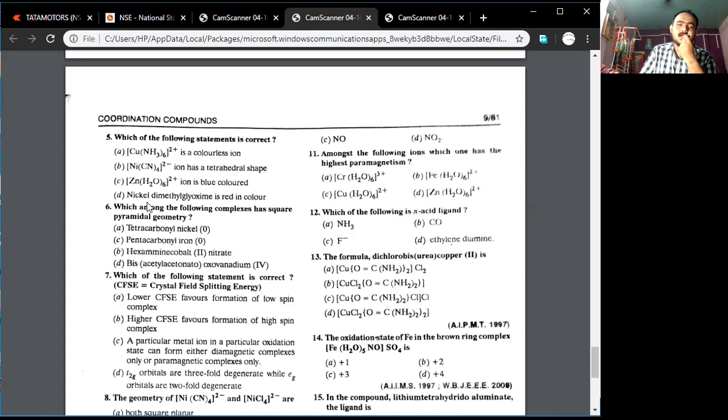In the alkaline medium, you will add the DMG solution into a nickel +2 compound or solution, and this will produce a cherry red color complex. So this complex is a chelate and it will be stabilized by hydrogen bonding. So option number 4 is definitely correct. Dimethylglyoximato nickel(II) is a red color complex. So option number 4 or D is correct.